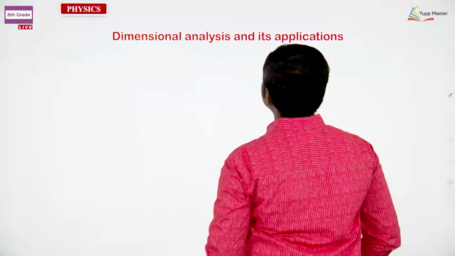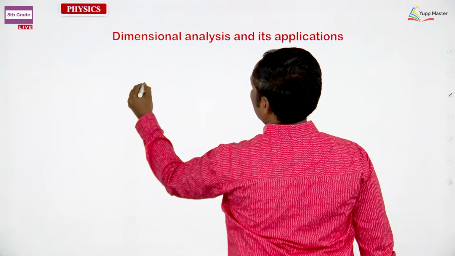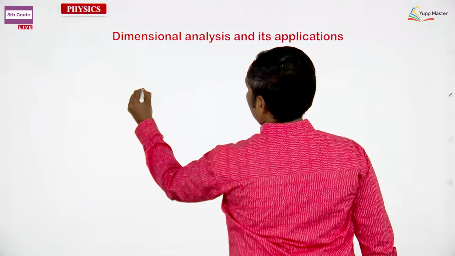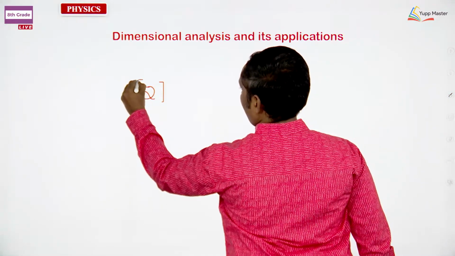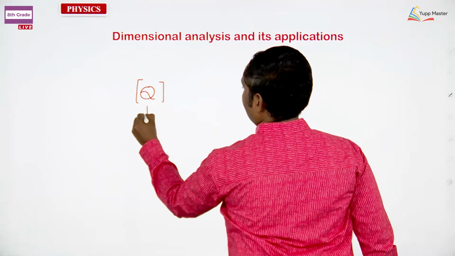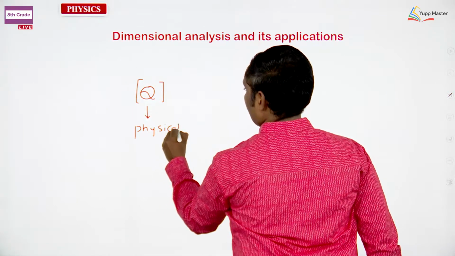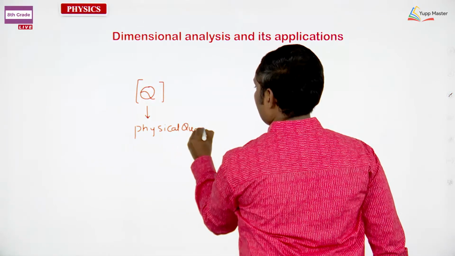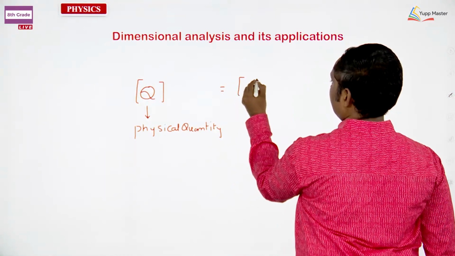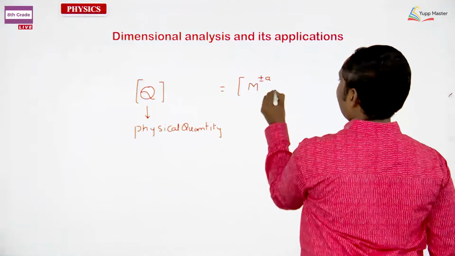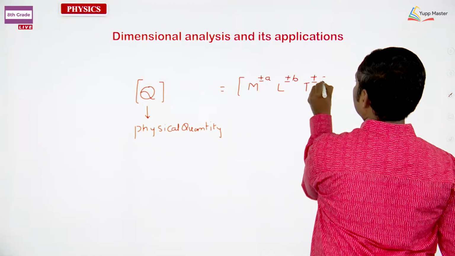Now let's have a look. Let Q be one physical quantity. It can be expressed as M to the power plus or minus a, L to the power plus or minus b, T to the power plus or minus c.